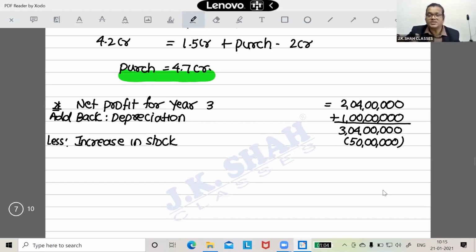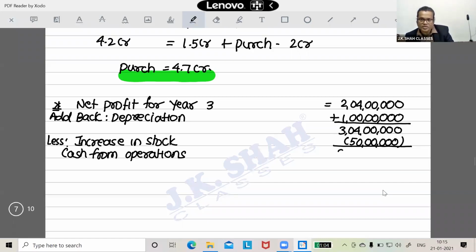How the stock will increase? It doesn't grow on a tree, no? You have to spend. Your money will go out. So what will be your cash from operations left out with you? Cash from operations left out with you would be 2 crore 54 lakh.